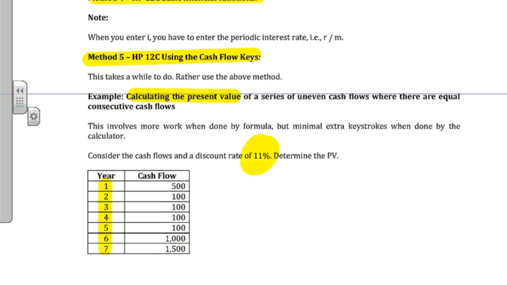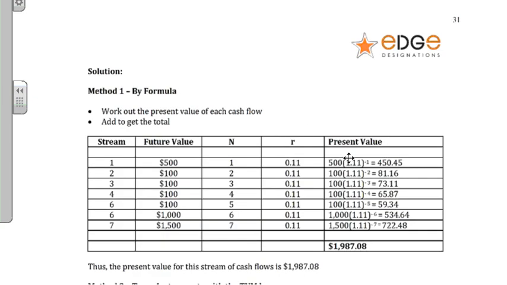But what's nice over here, there's a whole batch of cash flows, 4 years worth, from year 2, 3, 4, and 5, that are all the same. For how many years? 4 years. My first cash flow is 500. Look over here. I enter into cash flow.